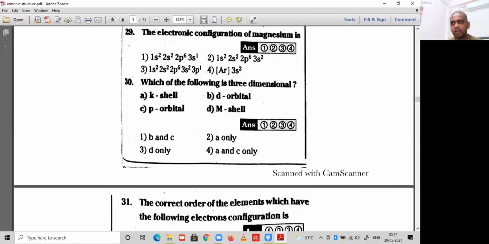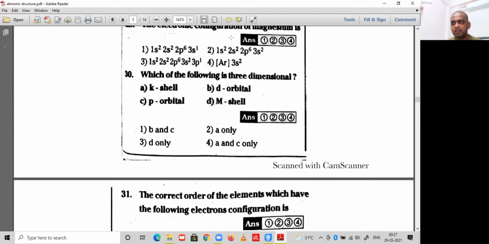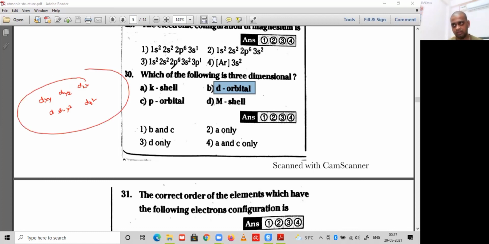Coming to question number 30: which of the following is three-dimensional? The D orbital is three-dimensional because it has dxy, dyz, dzx, dx square minus y square, and dz square. These are all the possible orbitals present in the D subshell.